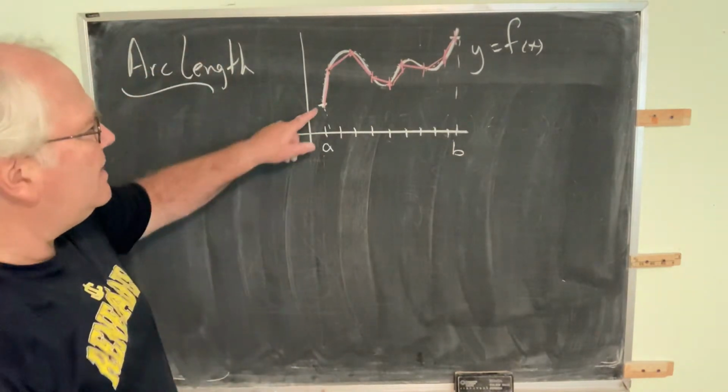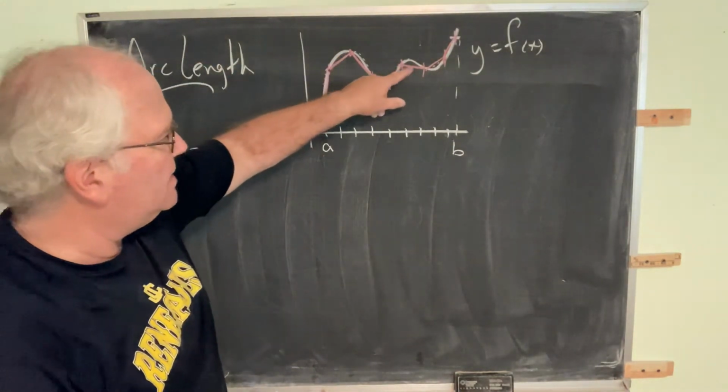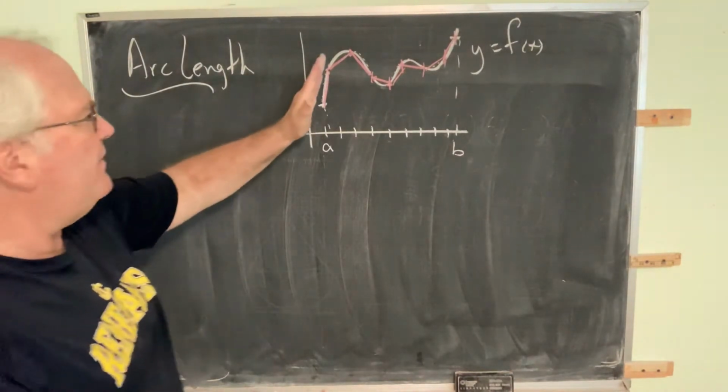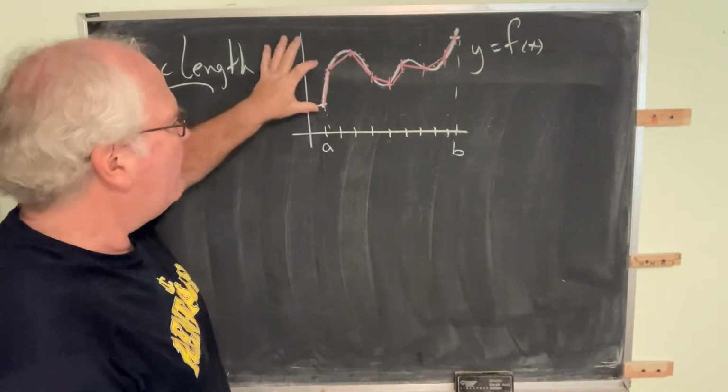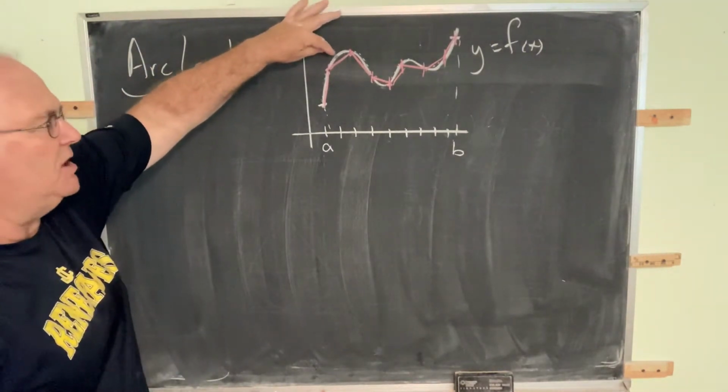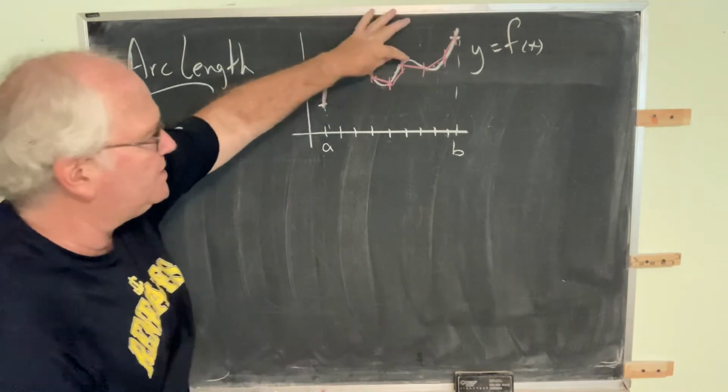Now, if I had my ant just walk on the red straight lines, that would be an approximation. Or if I laid the tape on the straight line portions only, that would be an approximation of the total length. It's just not a particularly good approximation because there's error here, there's error here, there's error here.